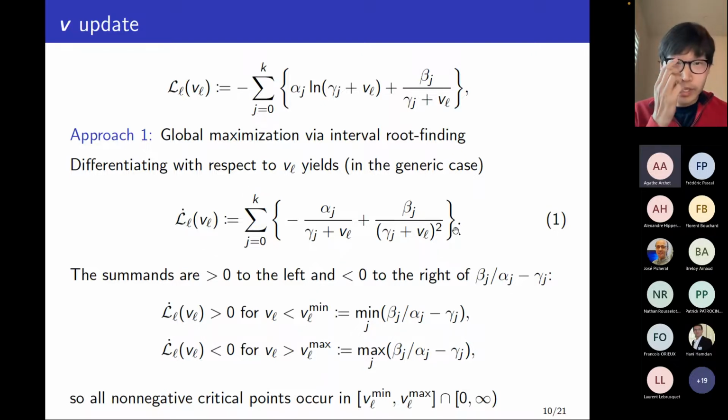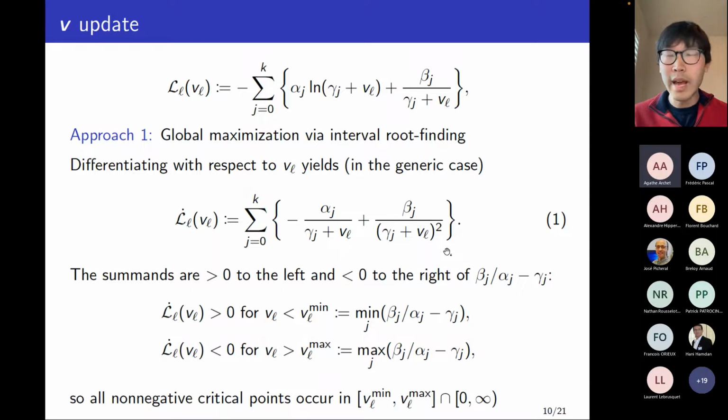Another approach is to observe that for each summand, when VL is to the left of beta j over alpha j minus gamma j, this term is positive, and it's negative to the right.